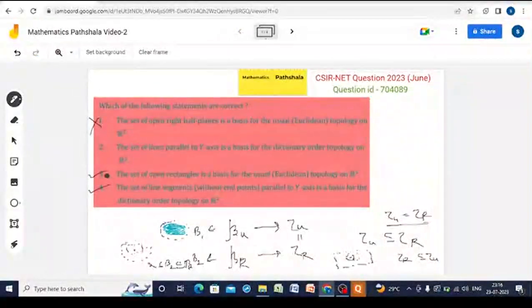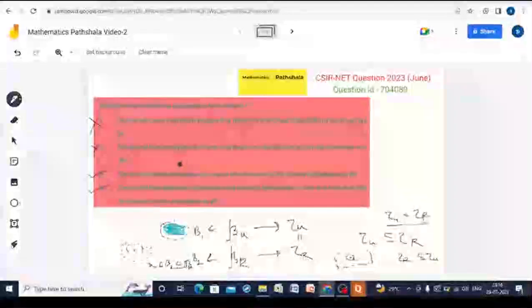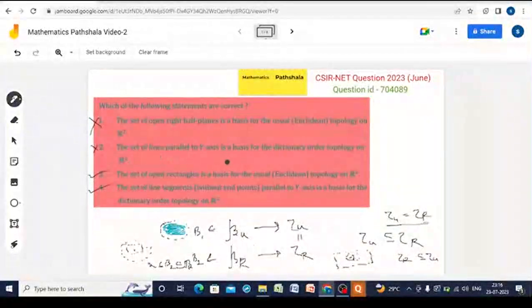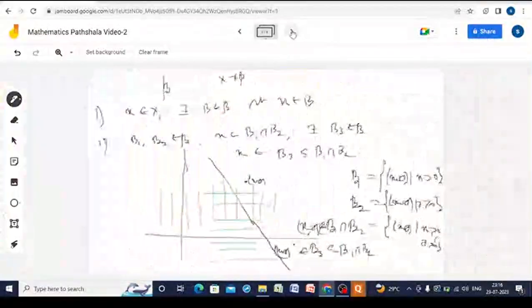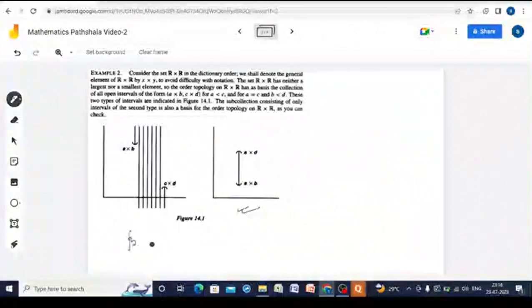And now we will show that option 2 will not be the correct answer. It says that the set of lines parallel to y-axis is a basis for the usual topology on R2. So we now show that if we consider the collection script B of all the lines parallel to y-axis, then script B will not form a base.